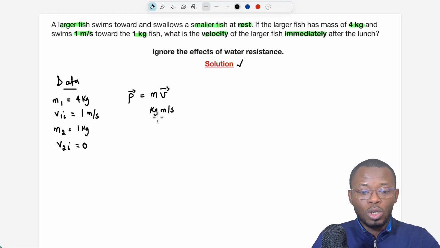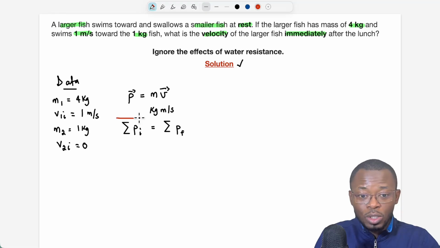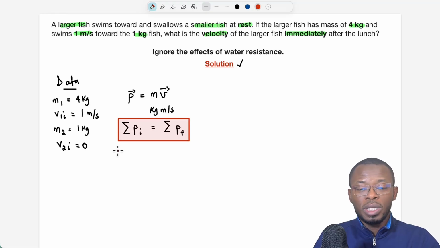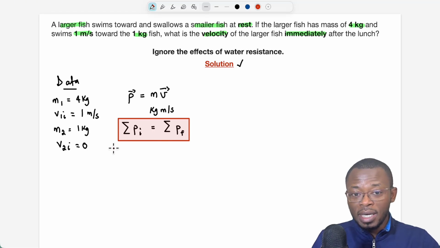We can write that law mathematically as the sum of the momenta before collision, which is initial, has to be equal to the sum of momenta after collision, so final. This is the law that we are going to apply to solve this problem involving the two fish. Even though they are not colliding, they are interacting, which is why in the definition I mentioned it could be interaction or collision.